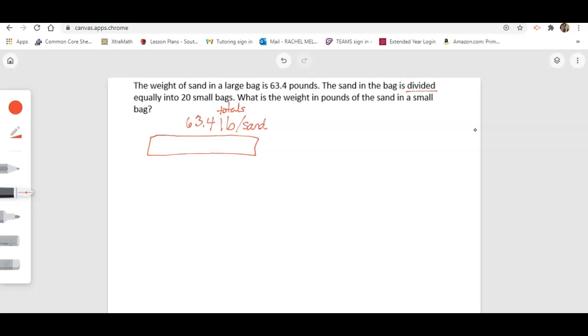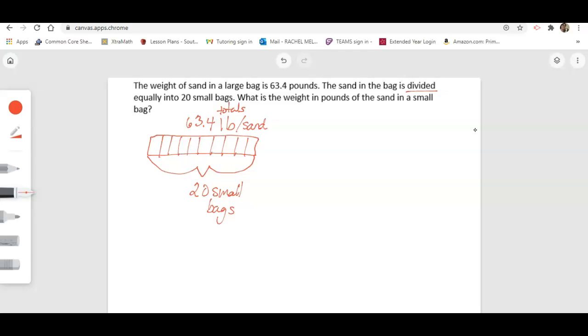And then they're telling us the sand in the bag is divided equally into 20 small bags. Again, I don't really want to draw 20 pieces, so I will do that and label.